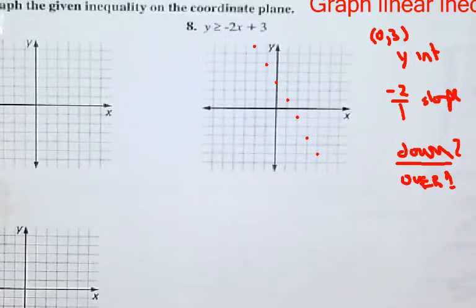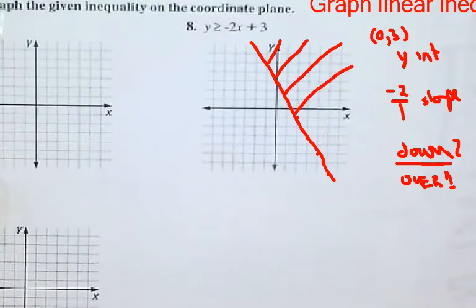So, if I was good, I could have a straight line going like that. It's a solid line. Now then, where is it greater? Well, the y values are always greater when you go up. So this is greater up here, like this, right? Forever and ever. That's that one. Nothing to it, eh?